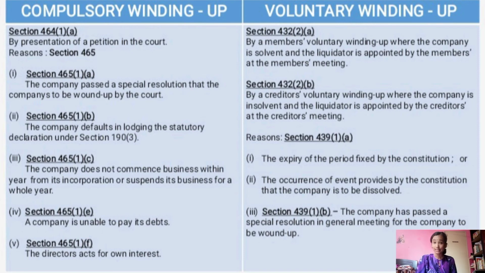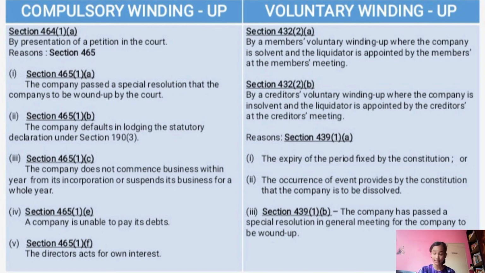For a compulsory winding up, according to section 464 subsection 1a, it is commenced when a petition is presented to the court, whereas a voluntary winding up is commenced according to section 432 subsection 2a in the Companies Act 2016.